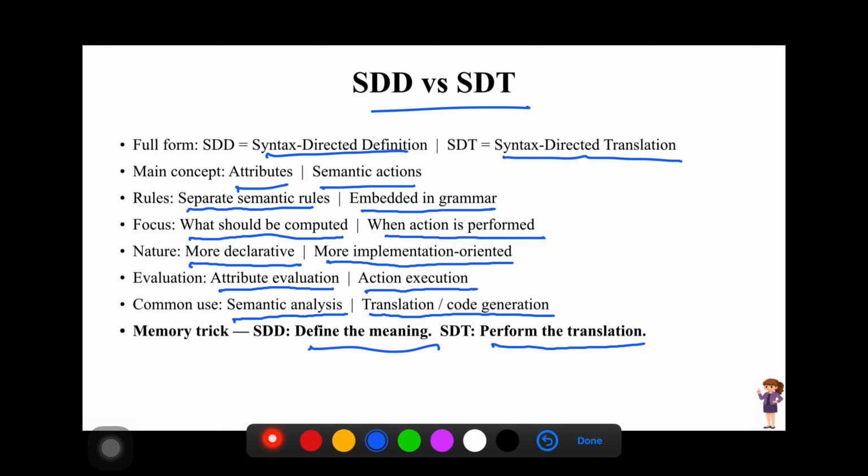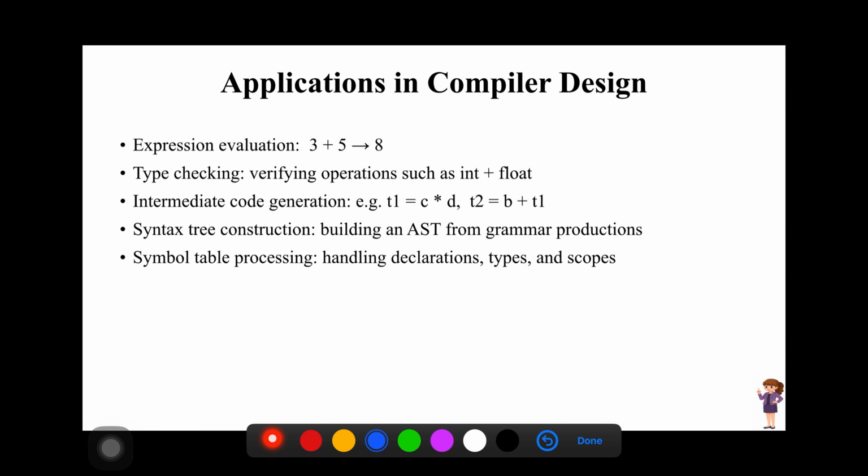Let us see the applications. SDD and SDT have mainly applications in compiler construction. The first application is expression evaluation, for example, calculating the value of 3 plus 5, which produces 8. The second is type checking.